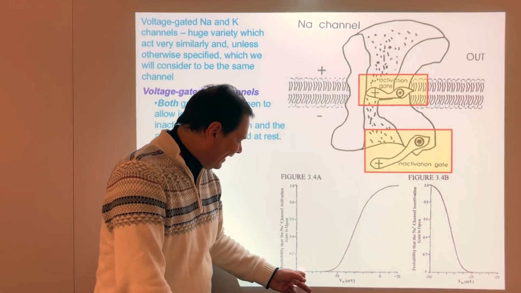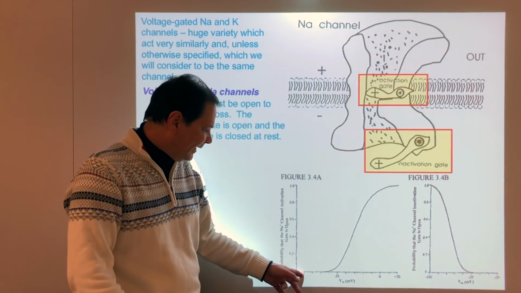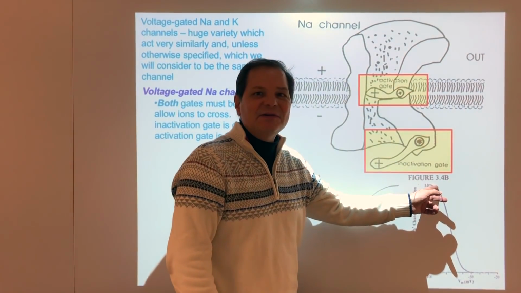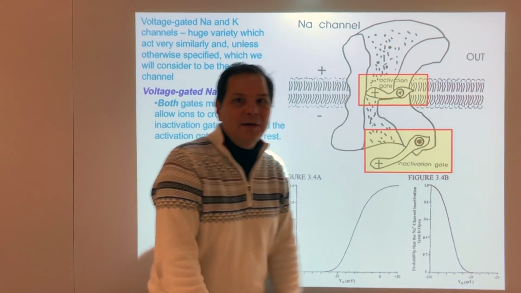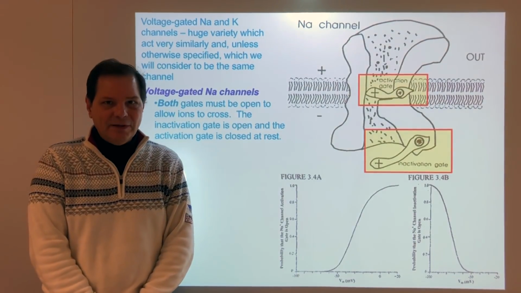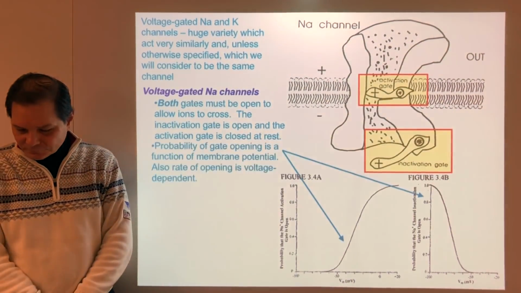So if I'm at -90, pretty much all my activation gates are closed. I'm way down here, okay? And if I'm at -90 here, pretty much all my inactivation gates are open, okay? So that's generally the state of these gates at rest in a normal cell, okay? That's what we mean by that.